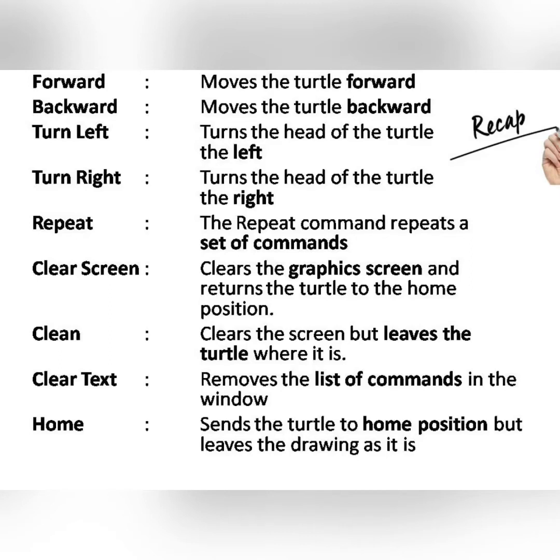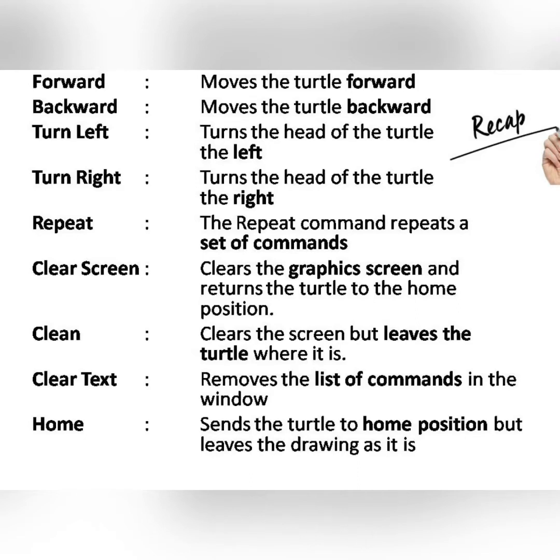Forward command moves the turtle forward. Backward command moves the turtle backward. Turn left command helps to turn the head of the turtle to the left side. Turn right helps the turtle to head into the right side.